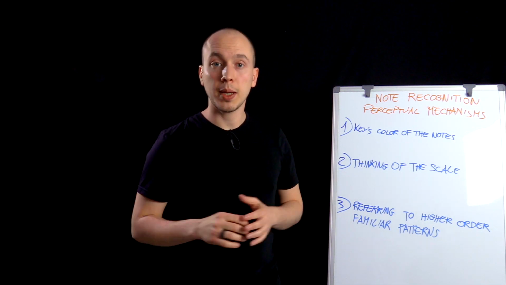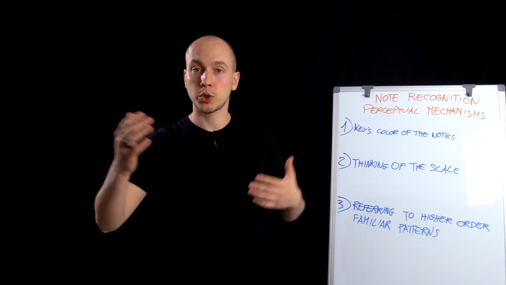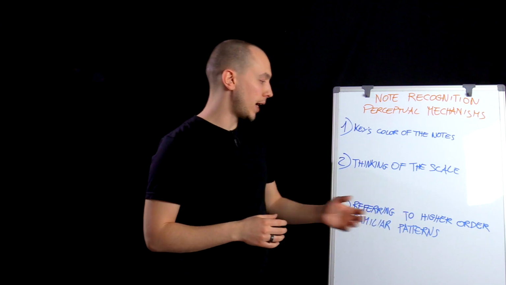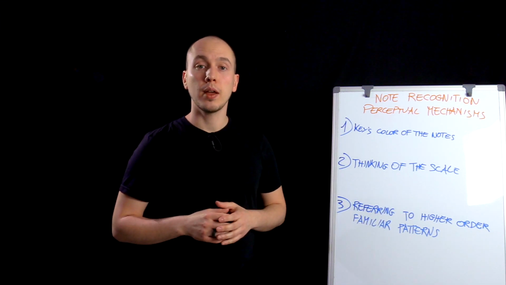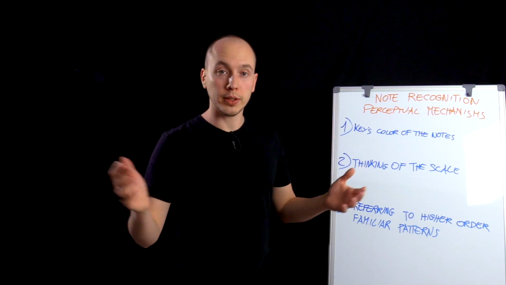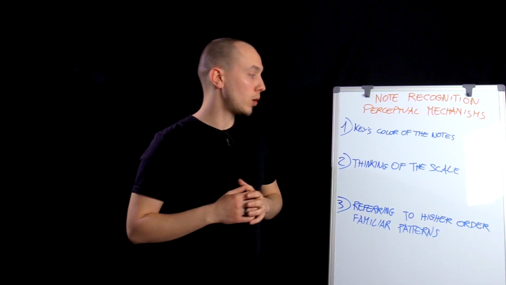And the same thing can be applied if we recognize a triad or portions of triads inside a melody. So you see how you can apply this third mechanism in almost endless ways. You can even refer to another melody, to a portion of another melody that you know very well, or anything like that.